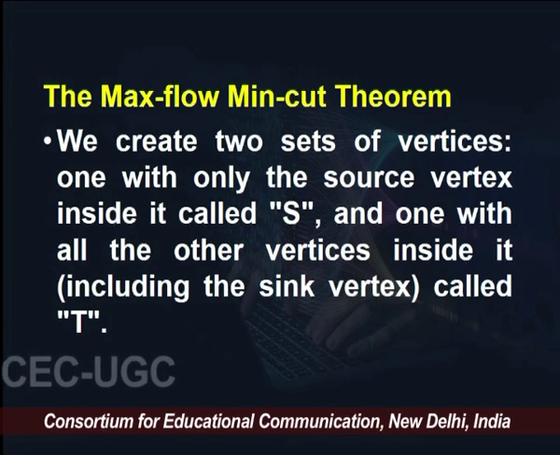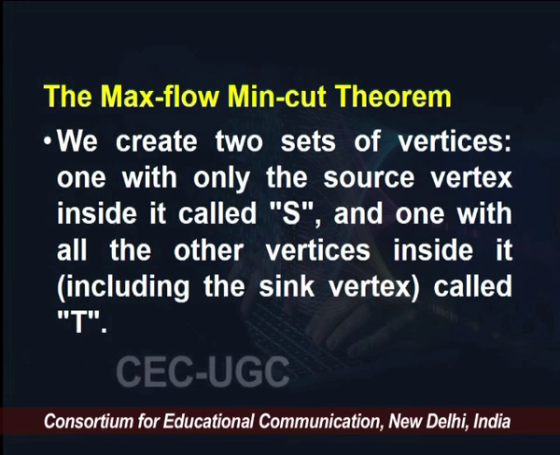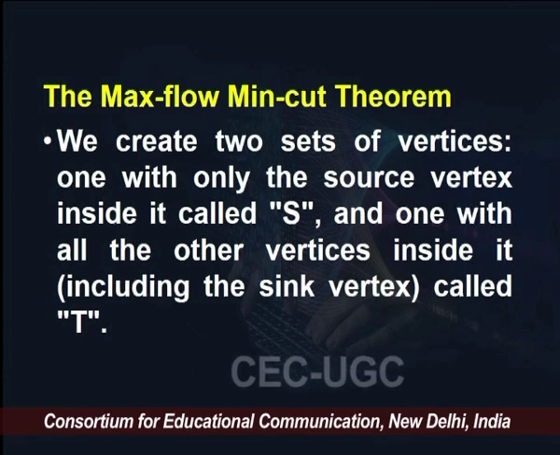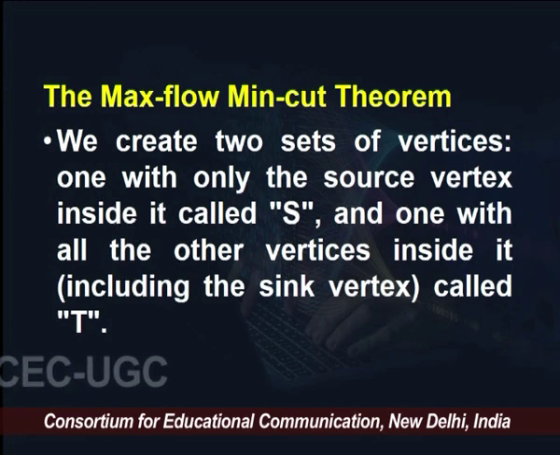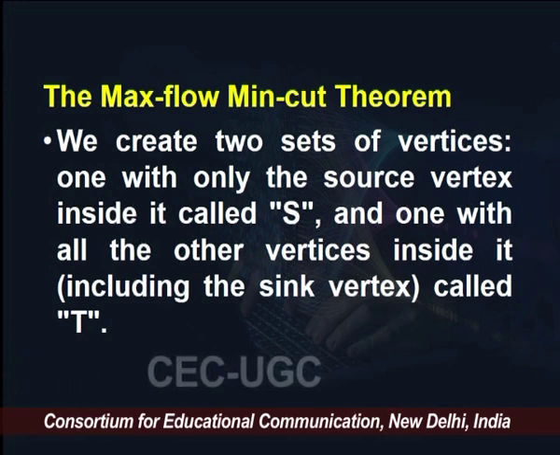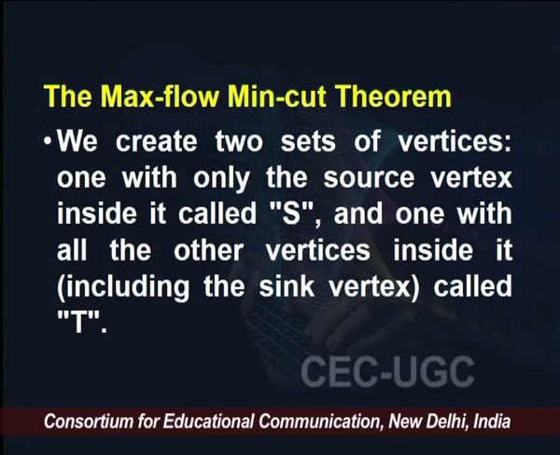We create two sets of vertices, one with only the source vertex inside it, and the source vertex here is nothing but S, and the next one with all other vertices inside it, including the sink vertex.